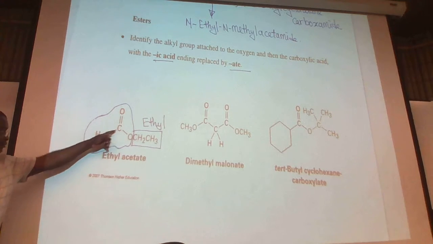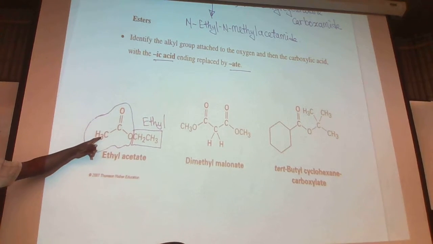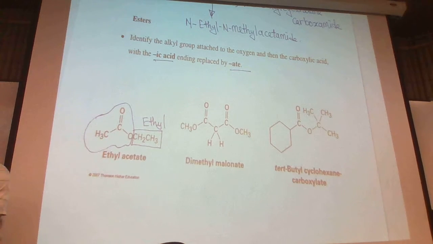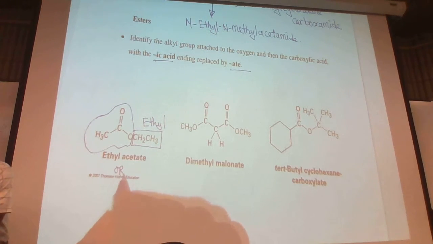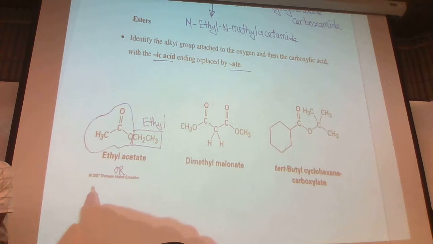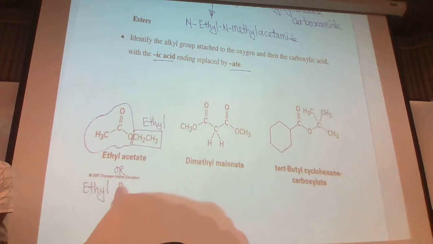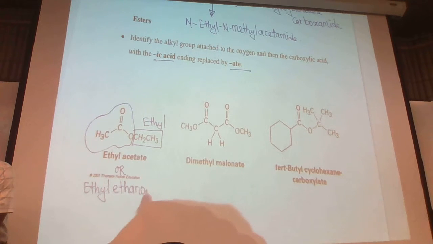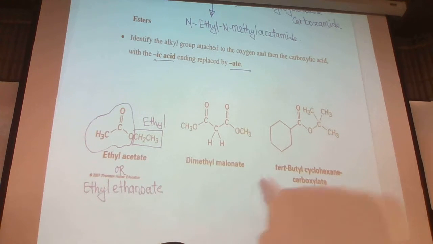Because you have two carbons, you can say ethanoate, or you can say acetate. Acetate is the common name, right? But the systematic name for this is going to be what? Ethyl ethanoate.